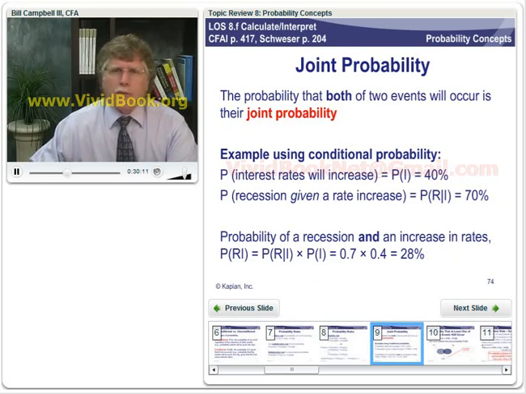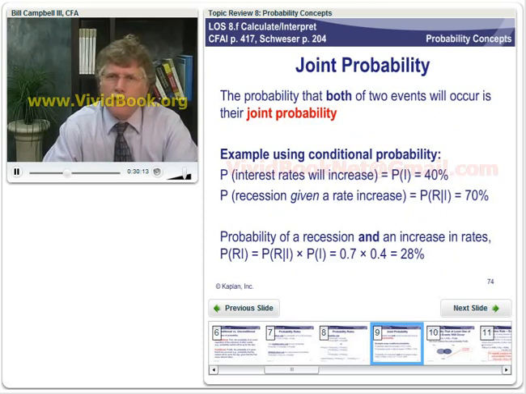Okay, some joint probabilities. The probability that both of two events will occur is called their joint probability. For example, the probability that interest rates will increase, the probability of I, is 40%. The probability that a recession occurs given that we have a rate increase, the probability of R given I, is 70%.